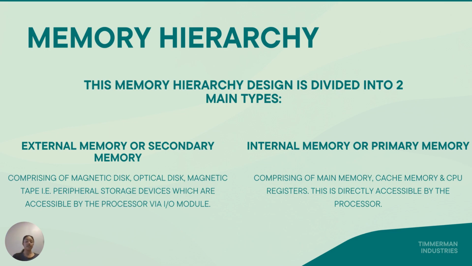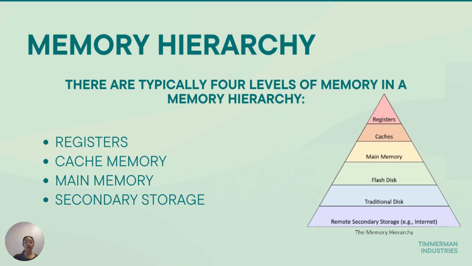These are the external memory which we can buy and attach to our CPU whenever we run out of storage. Whereas internal memory is the part of the CPU which is inbuilt in our CPU and comprises main memory, cache memory, and CPU registers. This is directly assembled by the company in processors. Now we'll see how this hierarchy is divided.